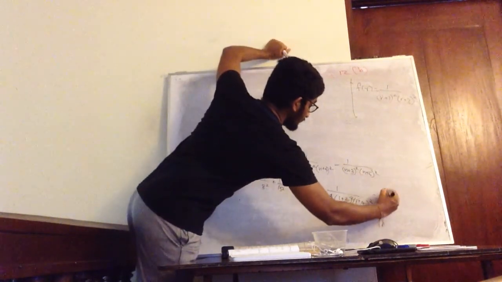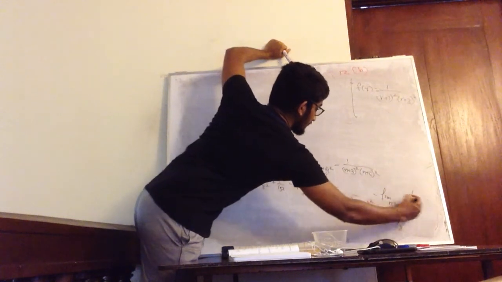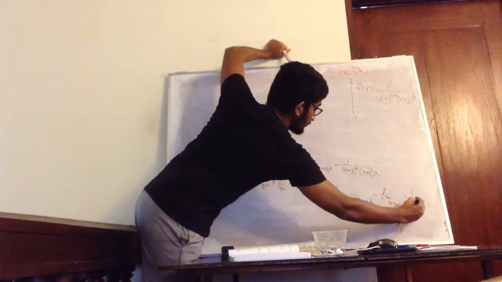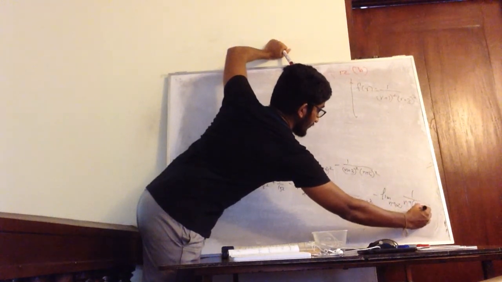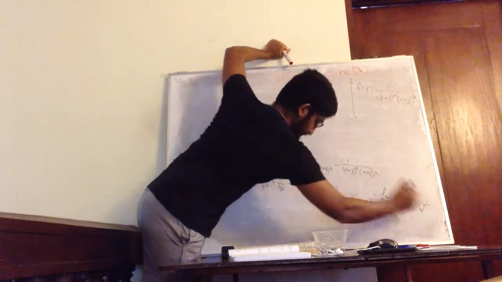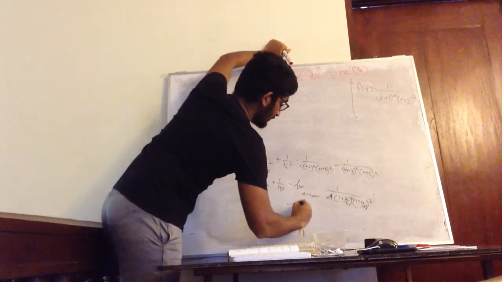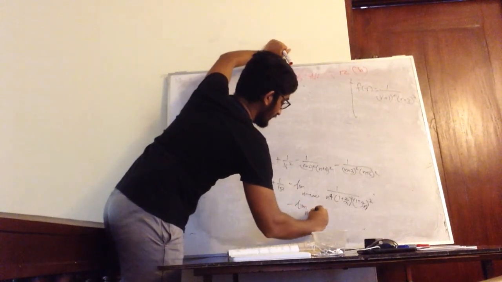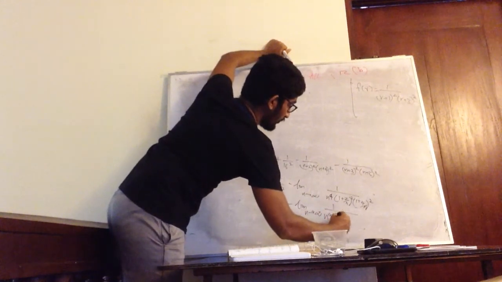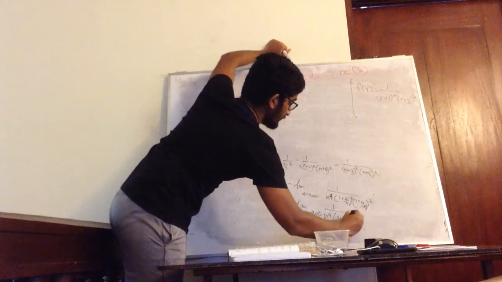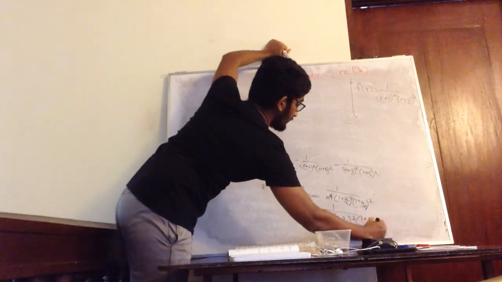Then minus the limit when n goes to infinity, yet again I am going to take the n to the power 4 out, n to the power 4 times (1 plus 3 over n) squared, (1 plus 5 over n) squared.